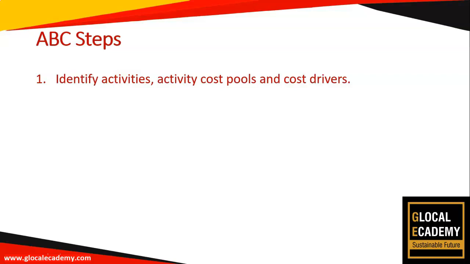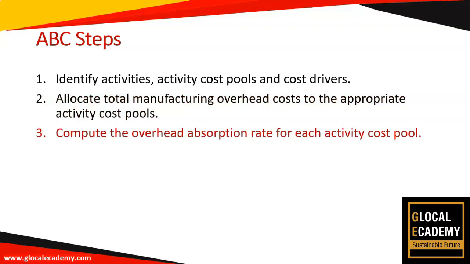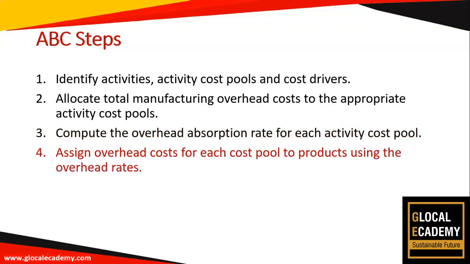The first step is to identify activities, activity cost pools and cost drivers. The second step is to allocate total manufacturing overhead cost to the appropriate activity cost pools, which is exactly what we learned in the previous slide. The third step is to compute the overhead absorption rate for each activity cost pool, and the final step is to assign overhead cost from each cost pool to the product using the overhead rates.